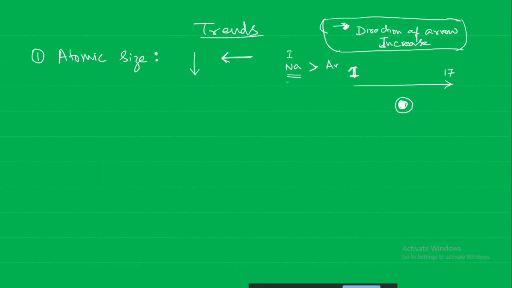The electrons are coming into the same shell, but the number of protons in the nucleus is increasing, so the positive charge can attract those electrons much more towards itself, and the size will become small. Got it?